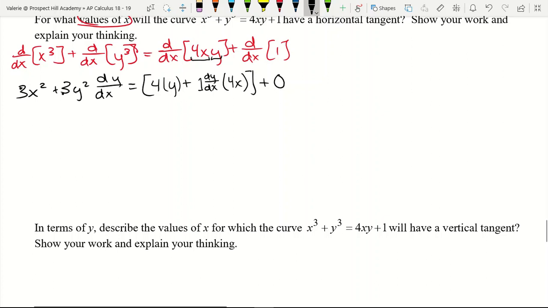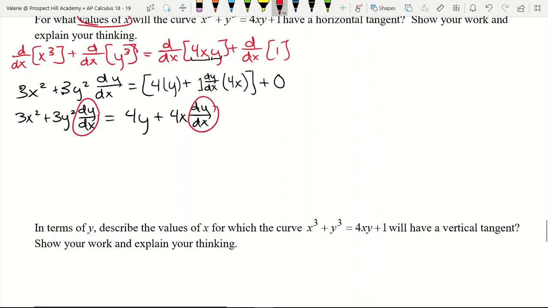So when we simplify all of this, we get 3x squared plus 3y squared dy/dx equals 4y plus 4x dy/dx. Again, we want the dy/dx terms to be on the same side so that we can isolate the dy/dx. So we'll have 3y squared dy/dx minus 4x dy/dx equals 4y minus 3x squared.